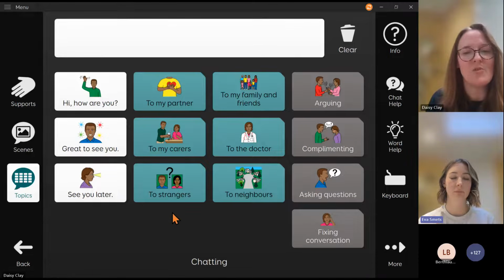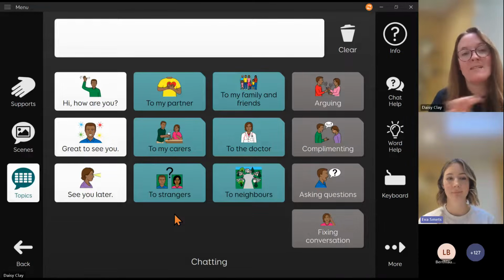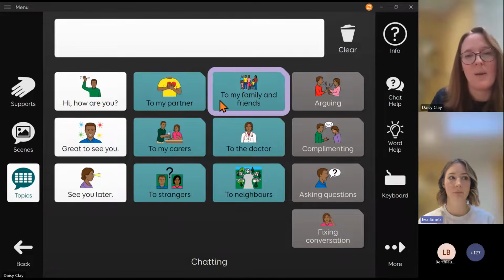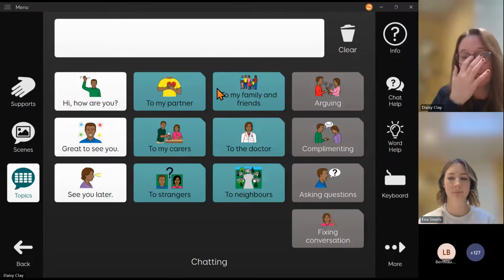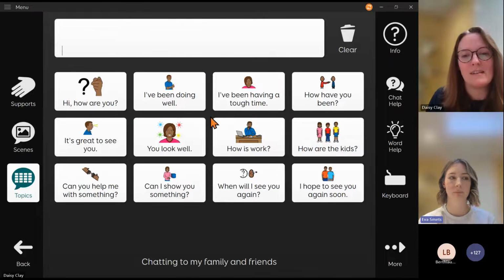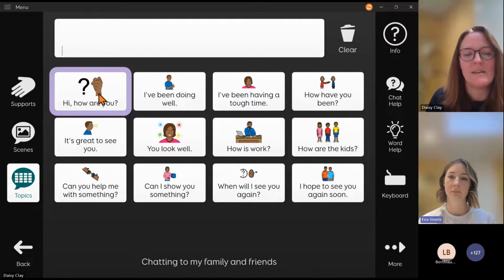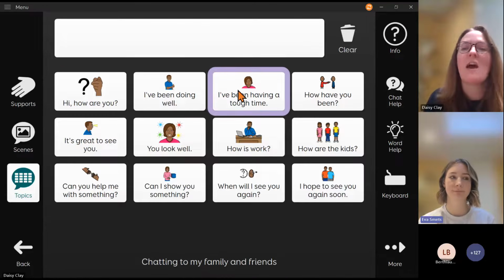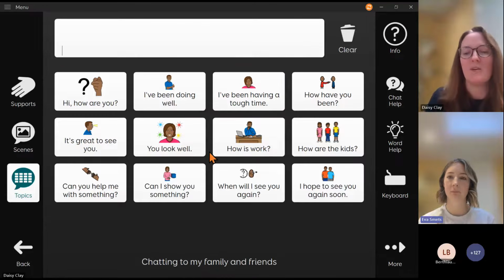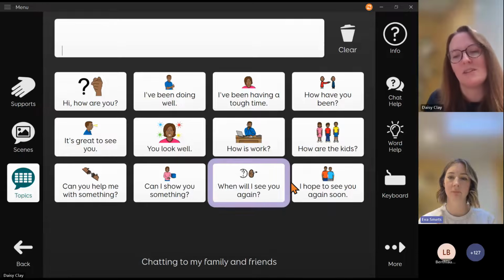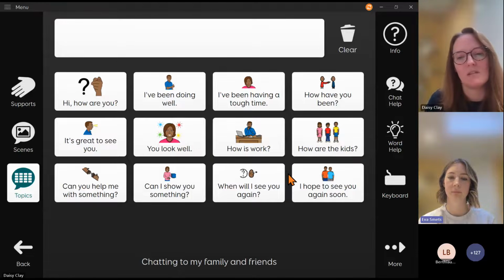And the phrases that you would use for those different people, some of them are the same, but some of them are different. So if I just go to family and friends, we can see that it's the same kind of design. We've got phrases starting a conversation, asking questions and keeping a conversation going, to phrases that you'd use towards the end of a conversation.